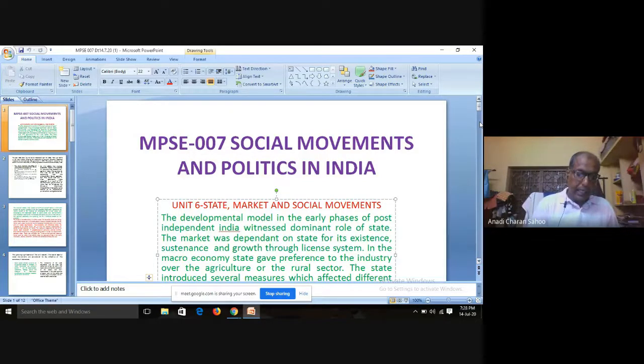Role of state also in pre-independent India and post-independent India. Pre and post-independent India, and particularly before 1991 and after 1991.